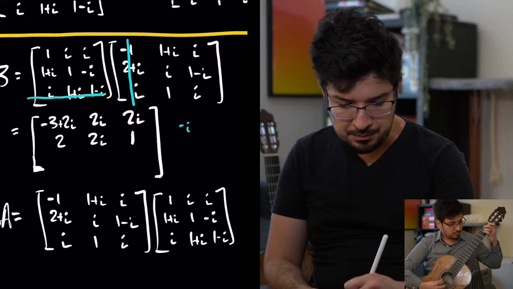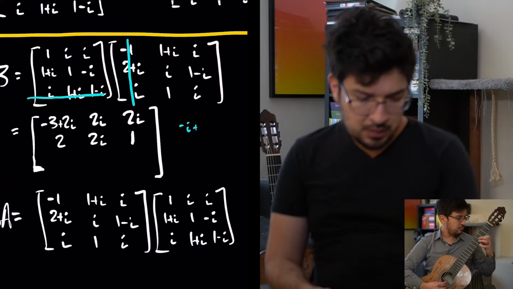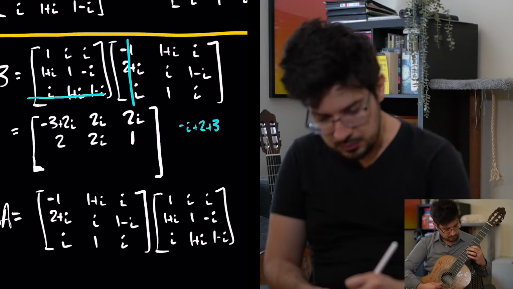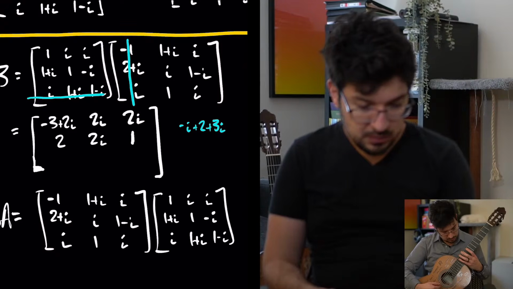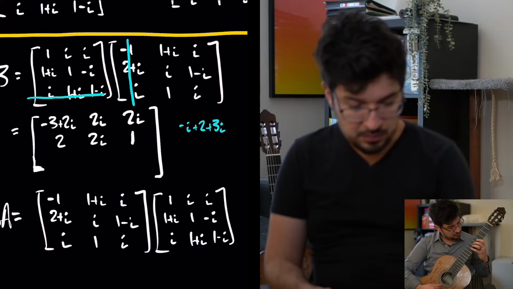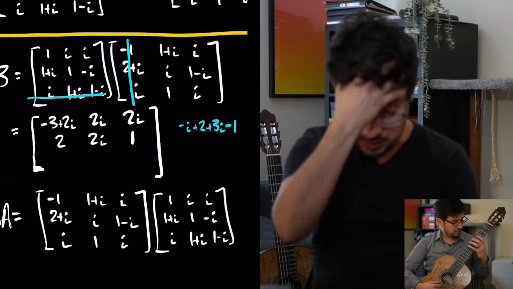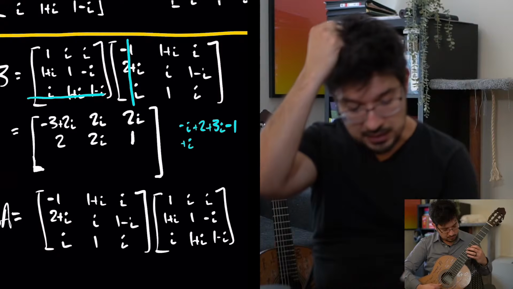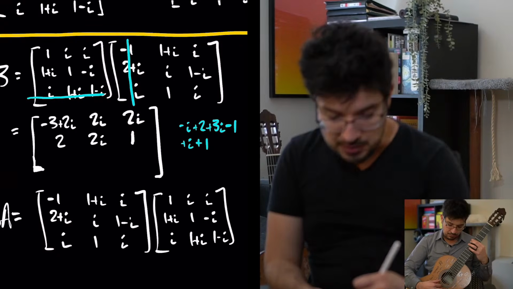Minus i. 2 plus 3i, plus i squared, and plus i minus i times i is negative i squared, which is positive 1.